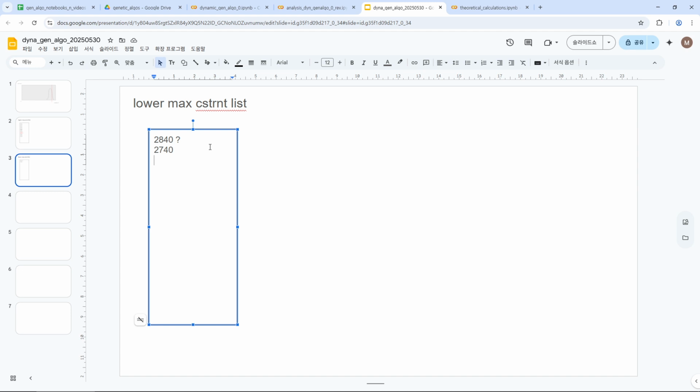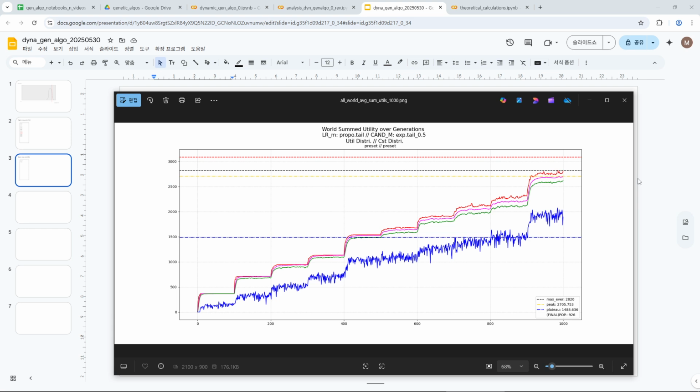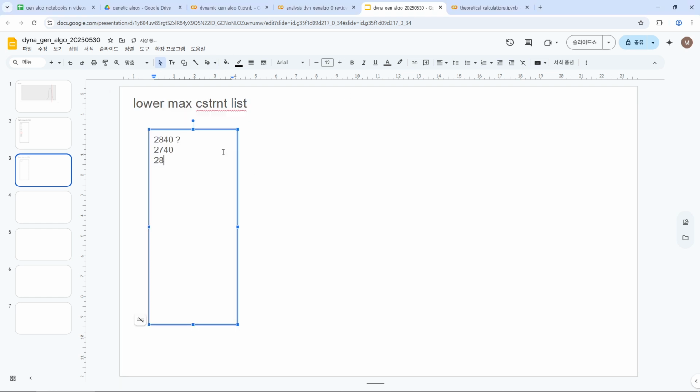In the very next one, I'm going to increase the candidate percentage to 0.5, so 50%. And in this case, the maximum ever reached 2820. So that's a bit higher. We're getting some progress again, but it's still lower than 2840.